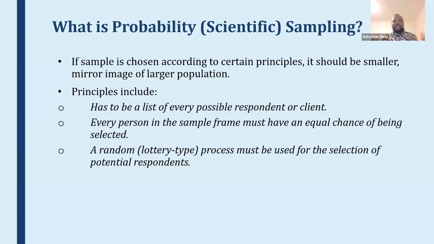So basically, it's the lottery system. So let's assume that you check, and there are 100 nurses in Susemeri. You have their names, right? And how to conduct random sampling may involve, maybe you write their names on a board, right?